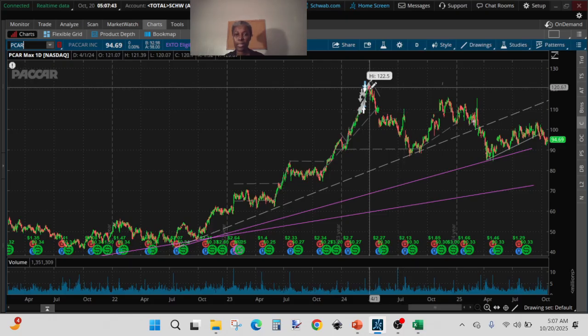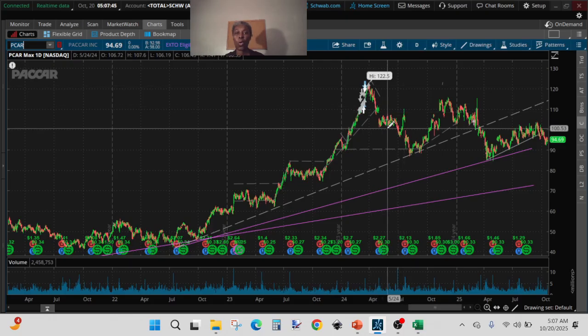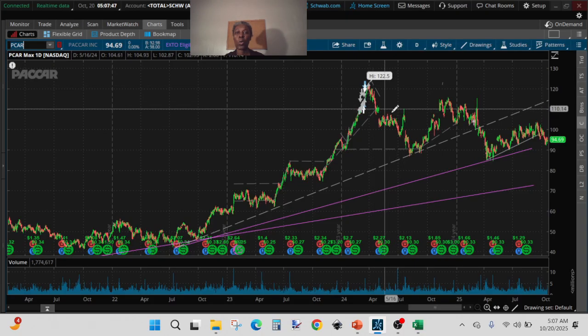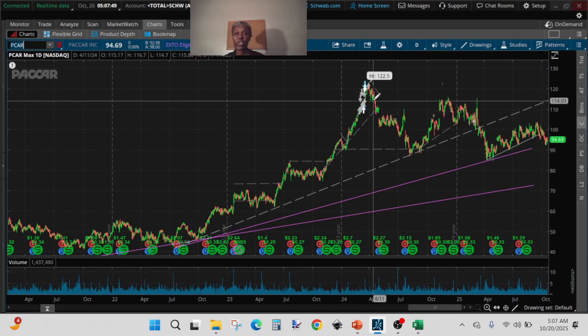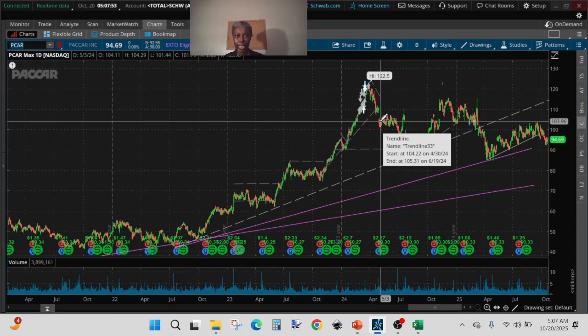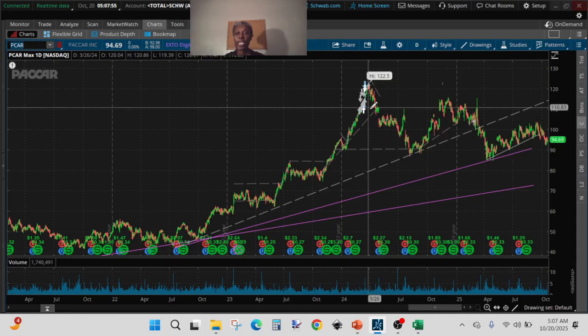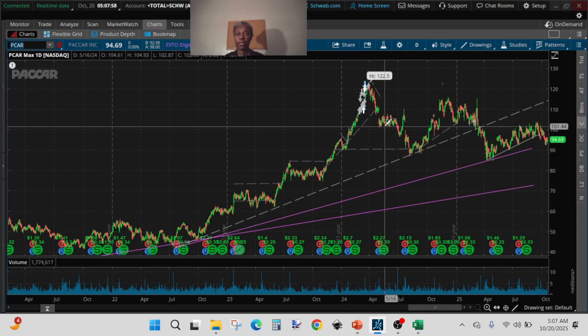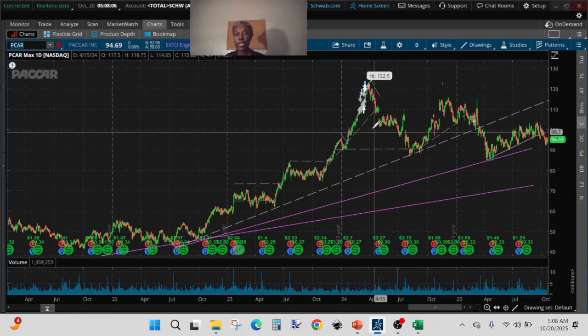So it started making lower lows and lower highs. So it changed direction from there. So just by looking at the chart and looking at the direction that the candlesticks are going toward, you'll know the trend direction.